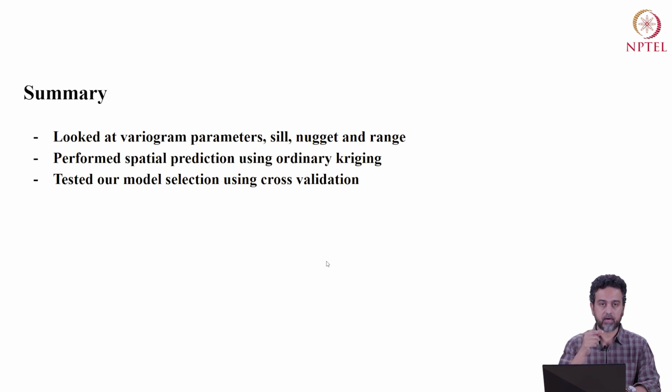You predict the value at the same location using the rest of the data, and then you compare the predicted value with the observed value, and that gives you a sense of how good your model selection is. You can repeat the same process with another model and compare how good the agreement is between your predictions and your observed values, and that gives you a measure of which model to select for your particular research task. And that's what we did in this session.